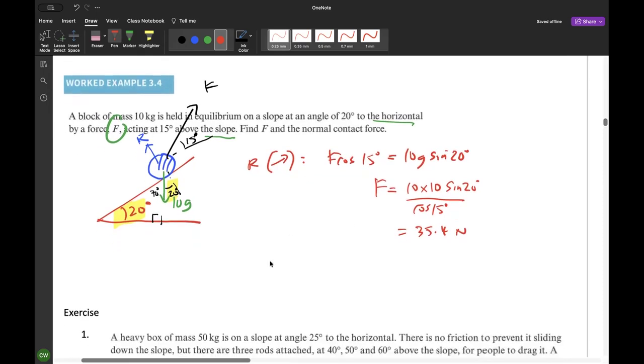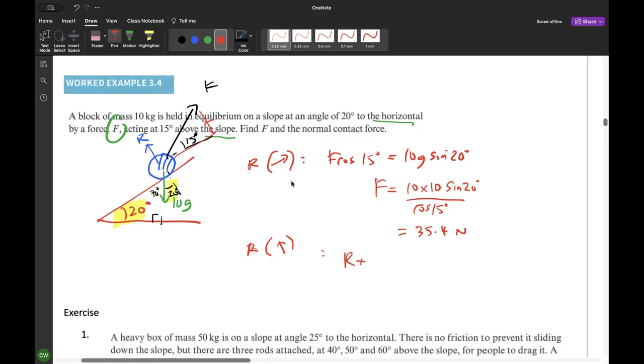Another one is the normal reaction force. You have to resolve perpendicular to the slope, in this direction. So how to see in this direction? What is R? R will be 10g. No, need to plus F. Here also got a component going up.